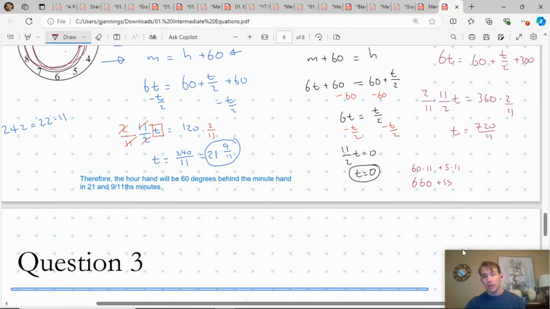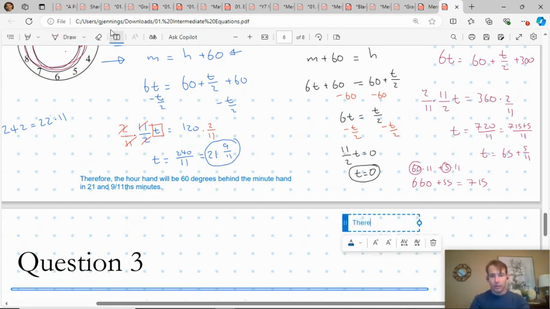So this is the same thing as 660 plus 55 is equal to 715. So this is equal to 715 plus 5 on 11, which is the same thing as saying t is equal to 65 plus 5/11. So the next time, I've run out of space, but I'll write it down here.